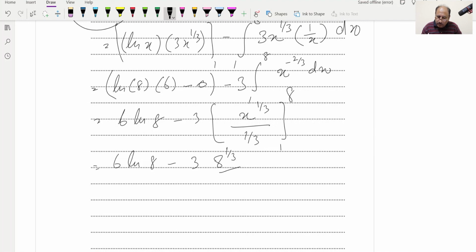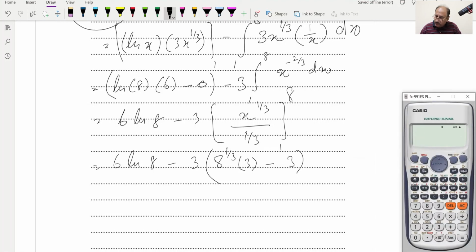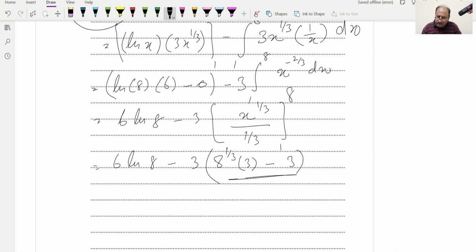We can write one in brackets, and if we replace the lower limit, 1 raised, it will be 3. Finally, 8 raised to the power 1 over 3 multiplied by 3 minus 3, and this is simplifying to 3.